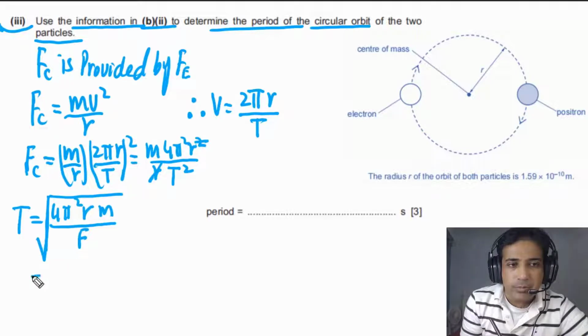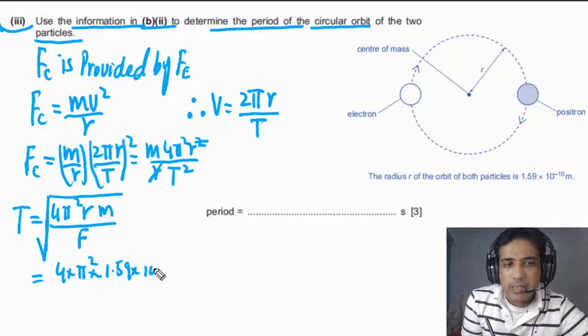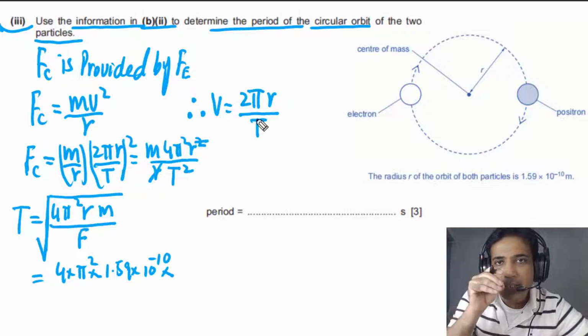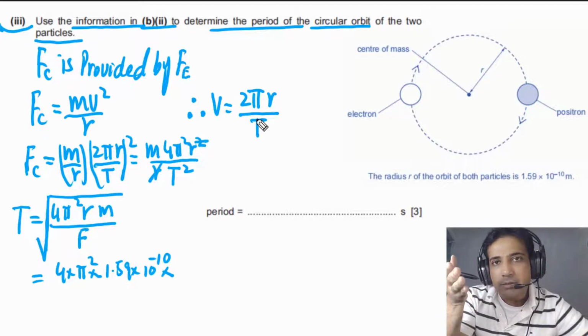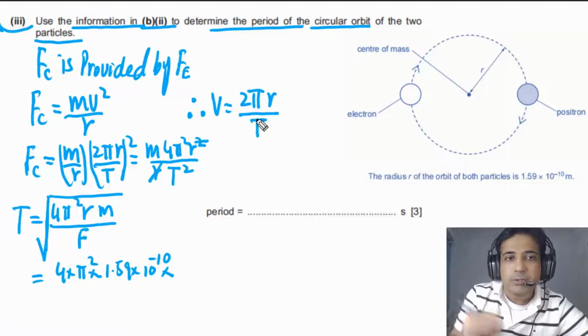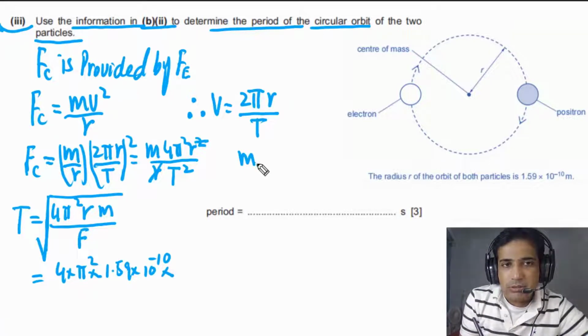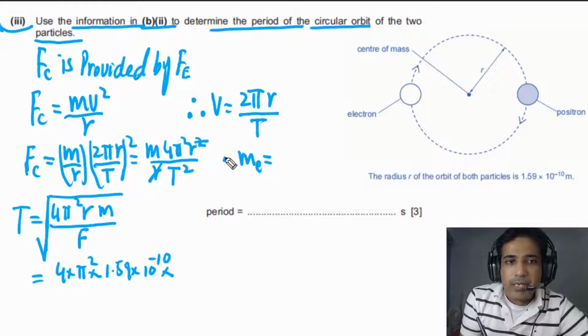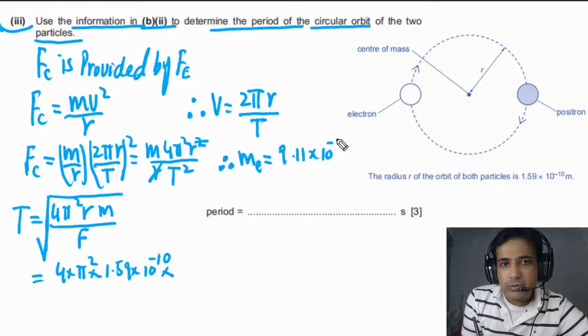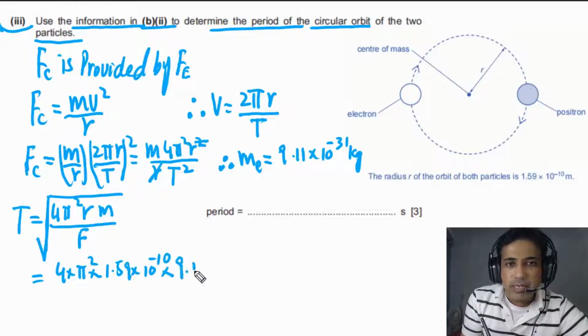4 pi, so we have 4 pi squared, and the radius of this orbit is 1.59 times 10 to the minus 10. For the mass of the particle, these are a particle and antiparticle. Particle and antiparticle have the same mass but opposite charge. So we need to consider the mass of an electron, which is 9.11 times 10 to the negative 31 kg.